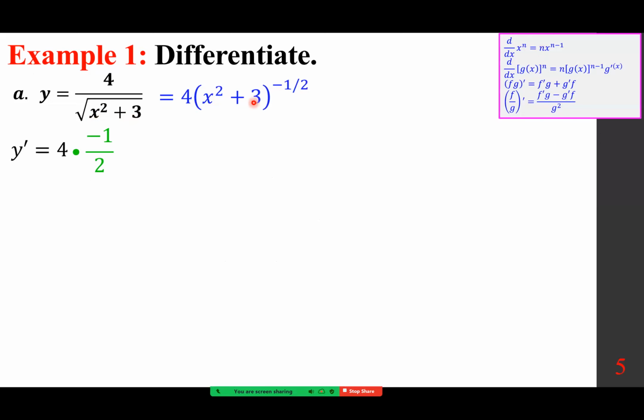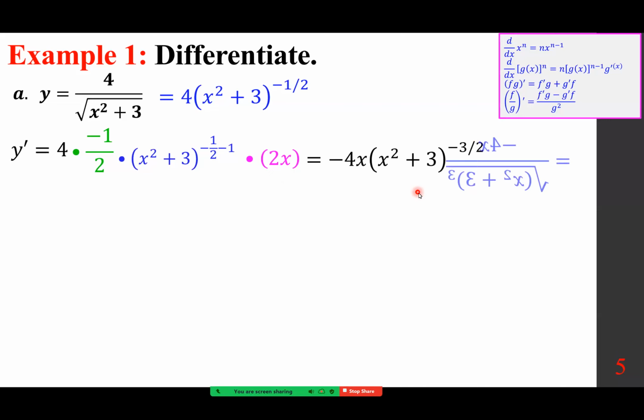So x squared plus 3 to the power of minus 1/2 minus 1, by the extended power rule or the chain rule, times the derivative of the inside, which is 2x. The product of this 2 with this one is negative 4x. This is negative 3/2, goes down, becomes positive 3/2, or we can write it as the square root.